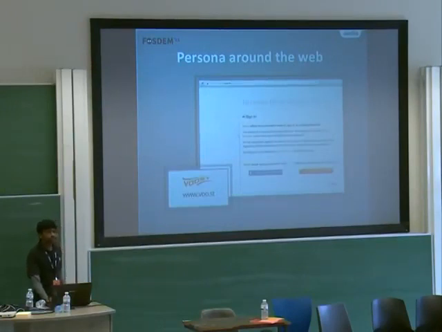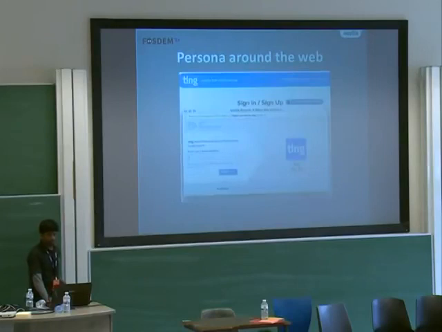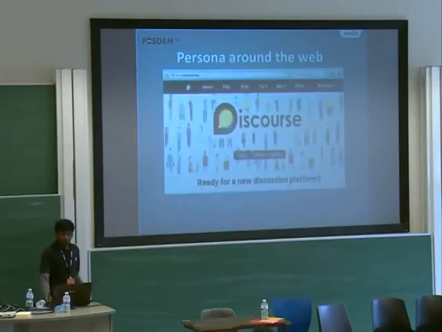And there are other sites which use Persona as a login system, like Woost, which is an event management system, and Sting, which people may know. This site basically deals with the amount of data used, the amount of messages and so on. And a discussion forum.